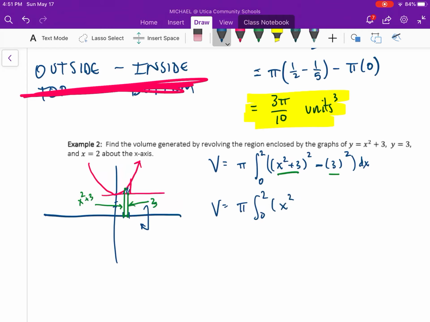All right, so I'm going to simplify x to the 4th plus 6x squared plus 9 minus 9. Those cancel out.